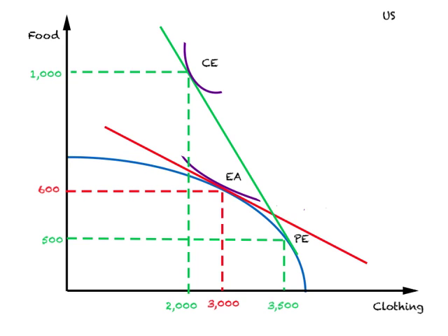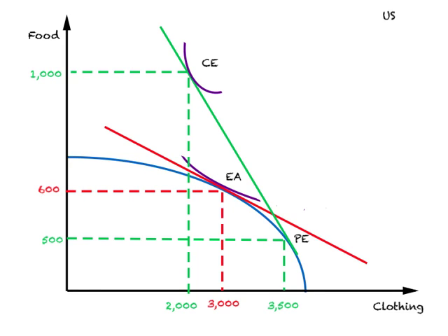And the steeper the price line, the higher will be the relative price of clothing. So compare this green solid line to the red solid line, and what you find is with free trade the relative price of clothing has increased.